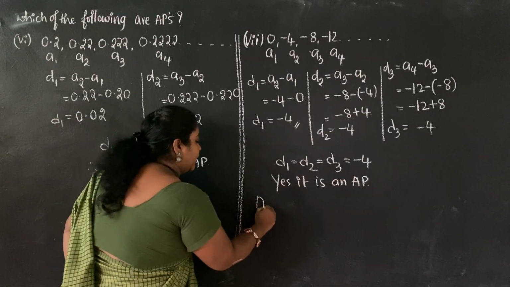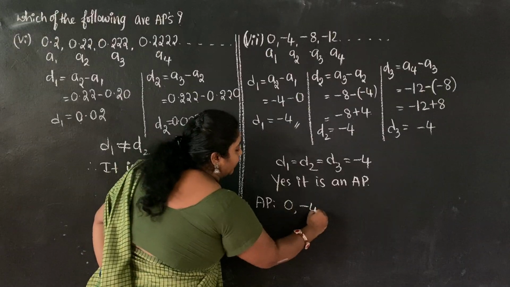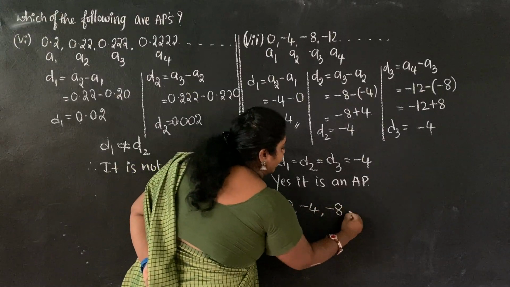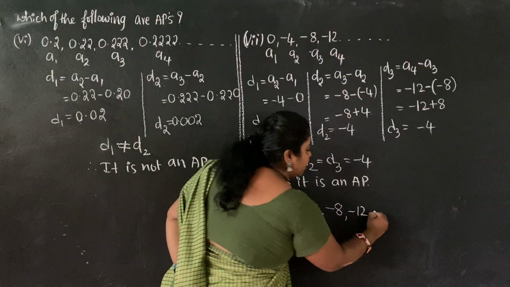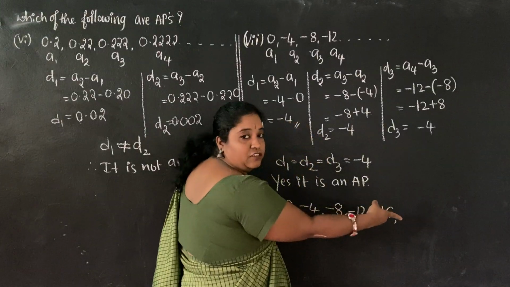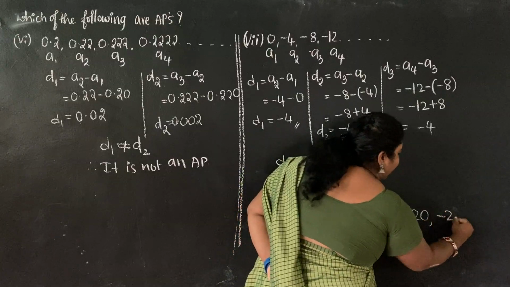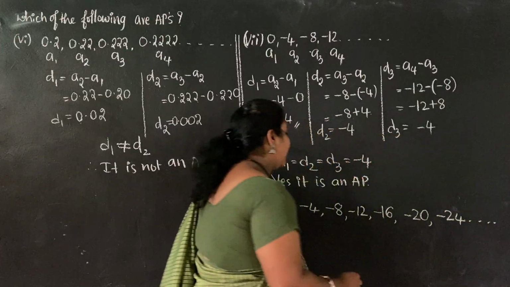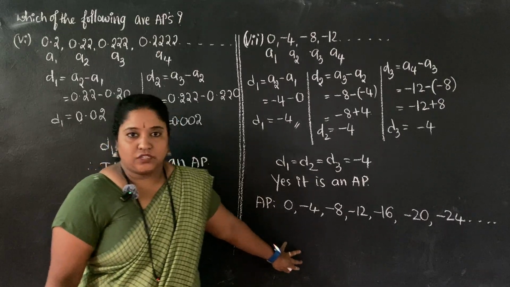So the AP is 0, minus 4, minus 8, minus 12. Add minus 4 to it, I'll be getting minus 16. Add minus 4 to it, I'll be getting minus 20. Next, I'll be getting minus 24. This is the arithmetic progression I can write. Understanding? We'll move to the next question.